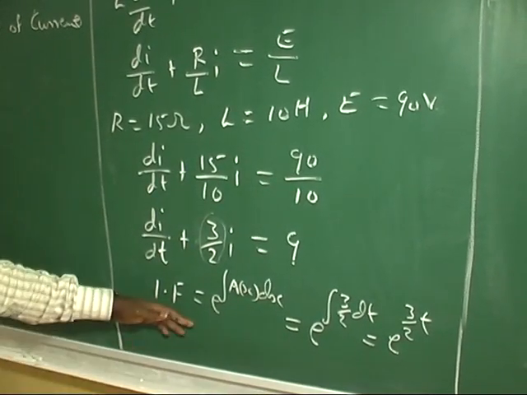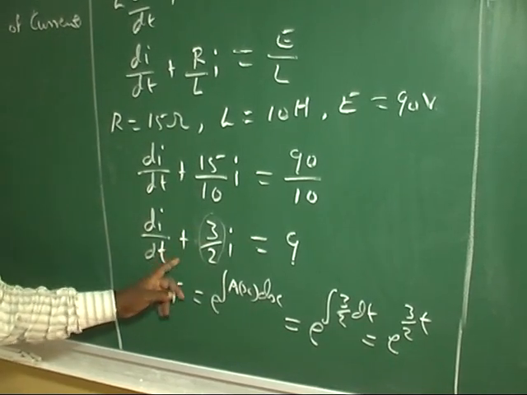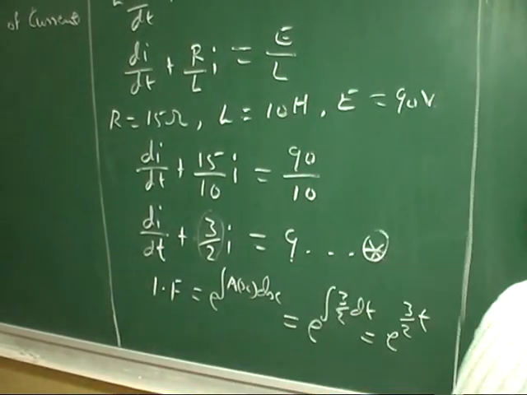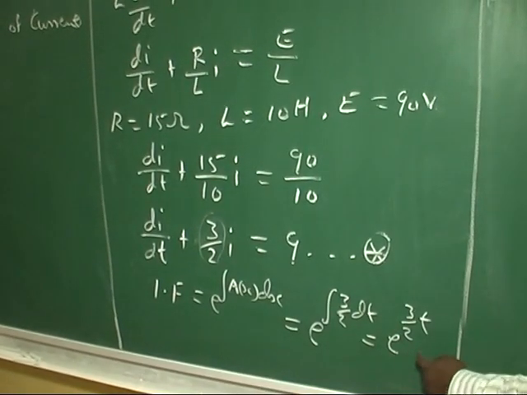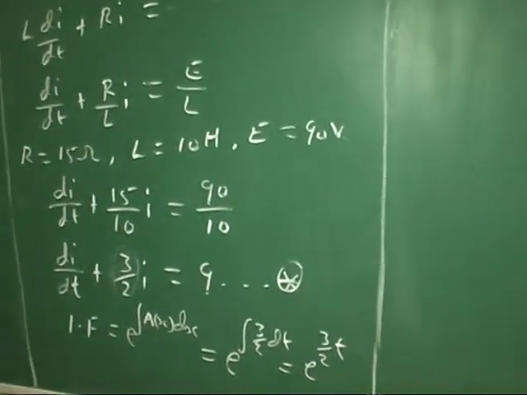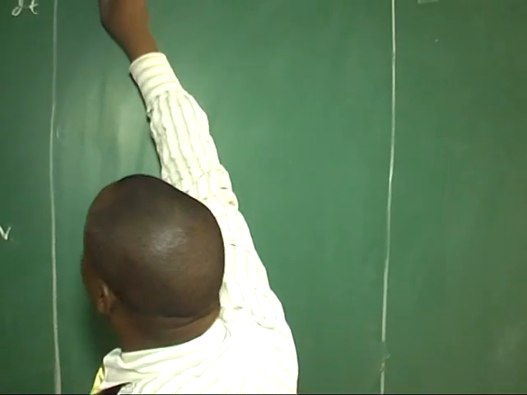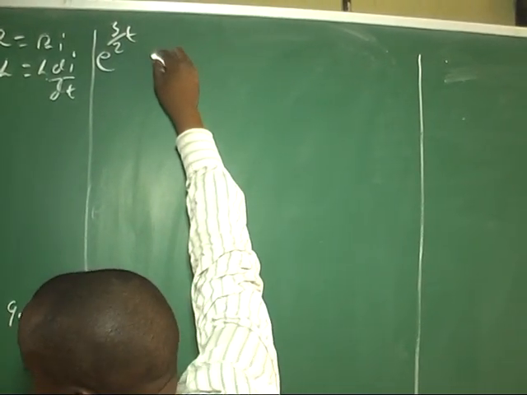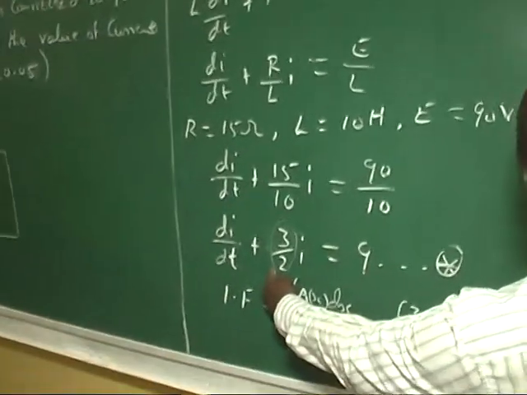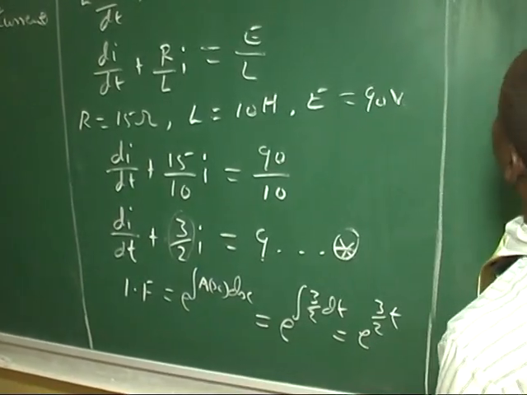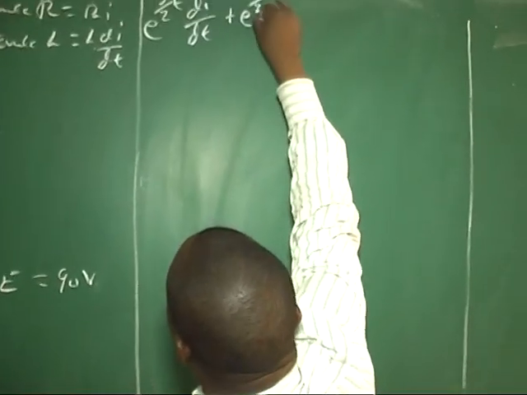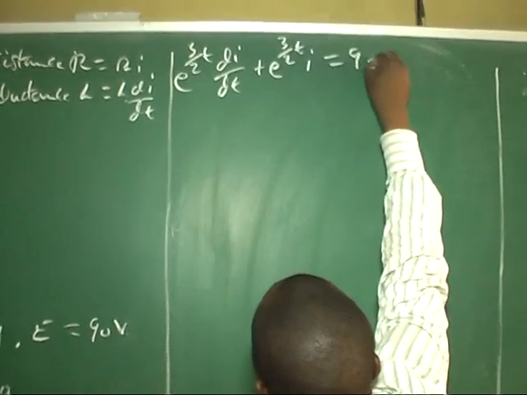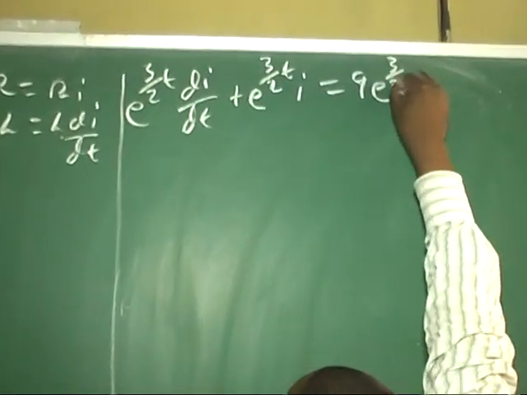Now, the next stage is to multiply this equation by exponential 3 over 2 t. So if I do that, I will have exponential 3 over 2 t times dI/dt plus exponential 3 over 2 t times I will be equal to 9 exponential 3 over 2 t.